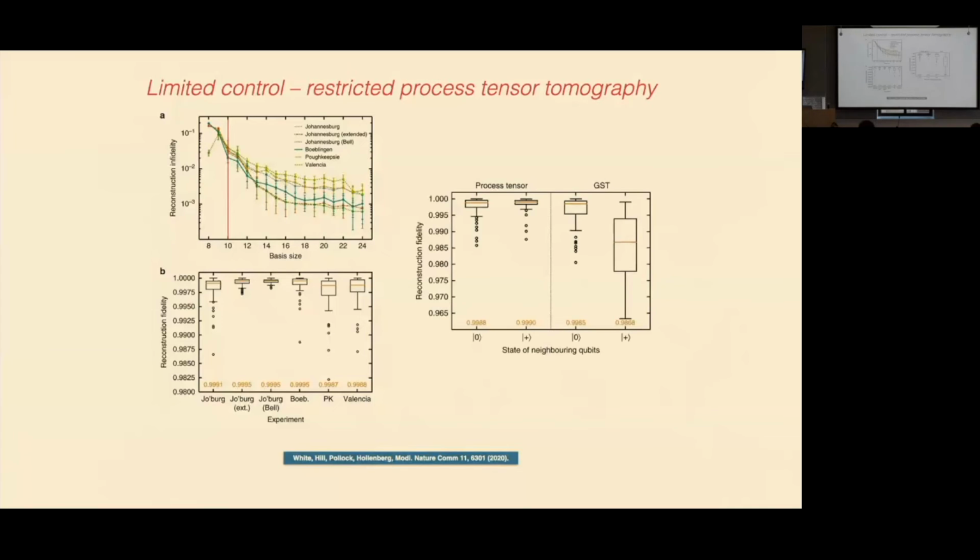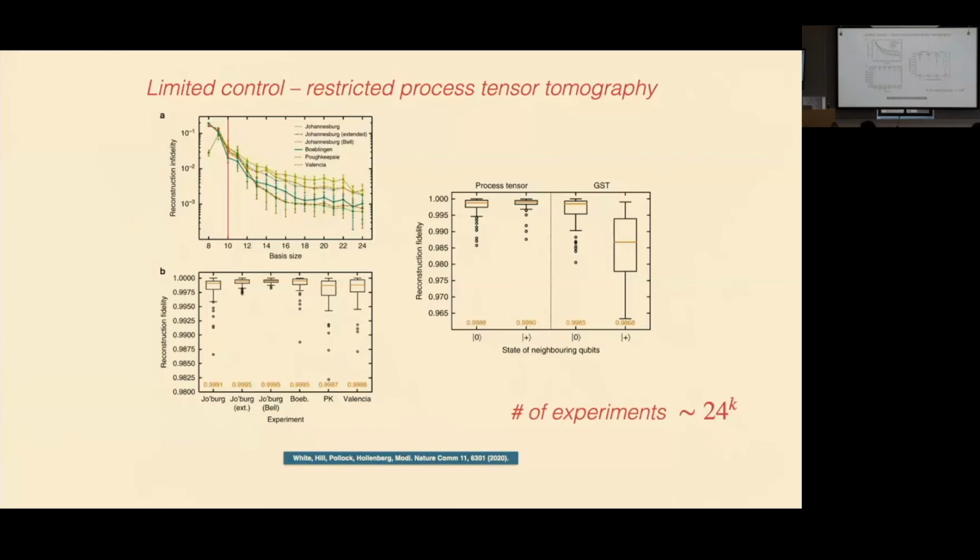And to compare the reconstruction fidelity, and to show that we are actually accounting for something non-Markovian, we compared it to GST, and in the non-Markovian regime, where we have some complex background, we tend to do much better.